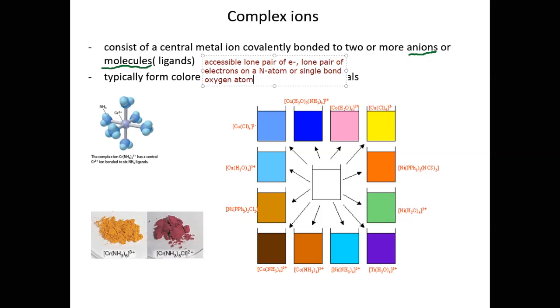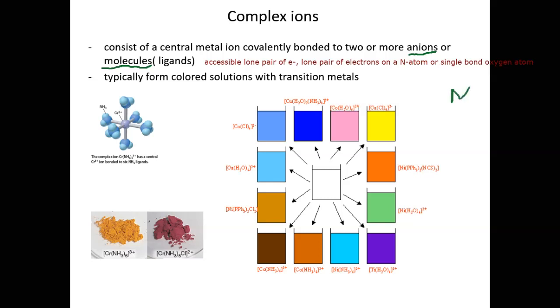And what do we mean by single bond oxygen atom? This is an oxygen atom that has a negative charge. So for example, NH3, if I was to draw NH3, and you'll learn how to draw this in the next chapter you're taking in Gen Chem 1.